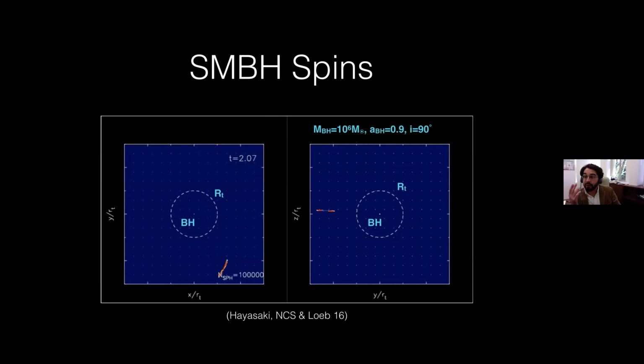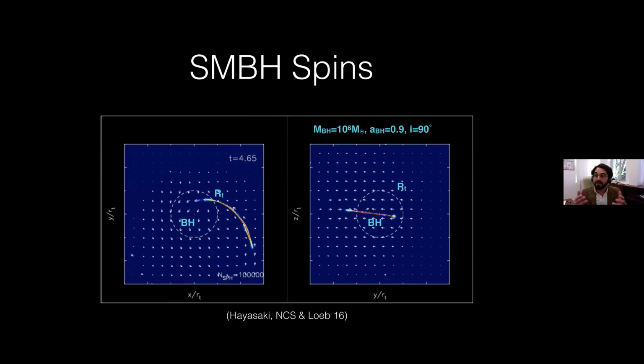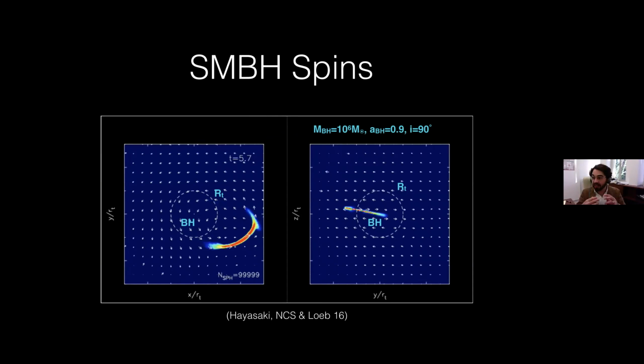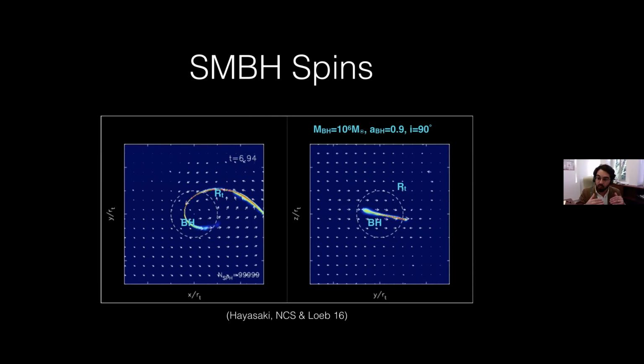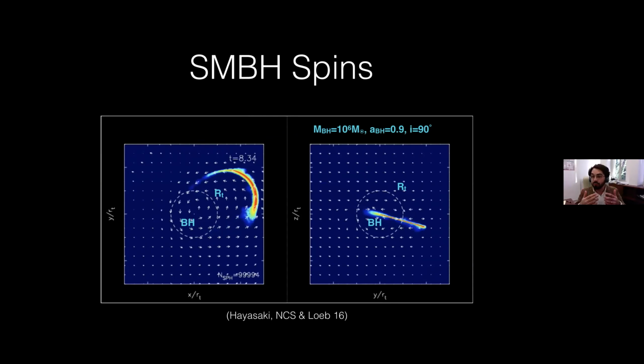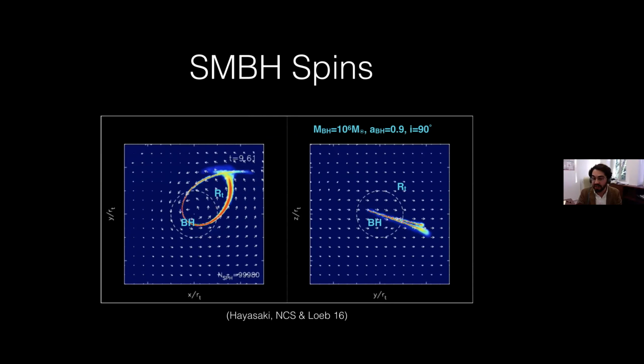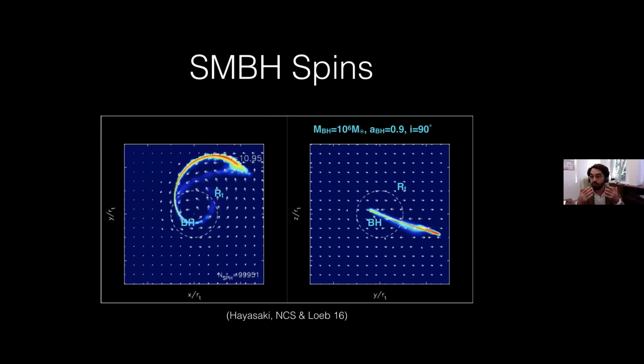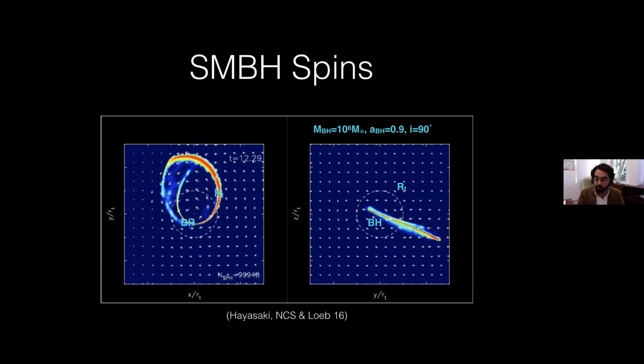So this is a movie very similar to the one I started off this presentation with, except here, instead of assuming an adiabatic, inefficiently cooling equation of state, we've assumed an efficient cooling equation of state for the relativistic tidal disruption event that we're simulating.